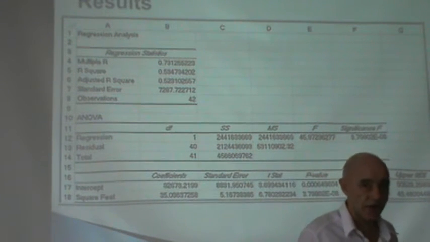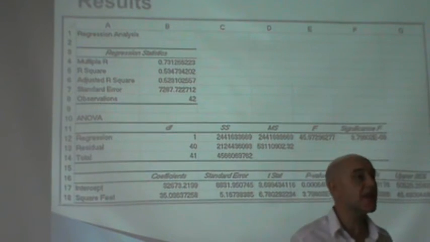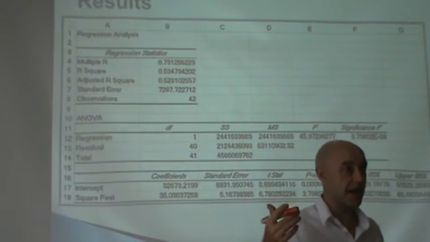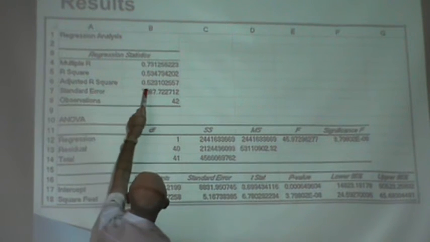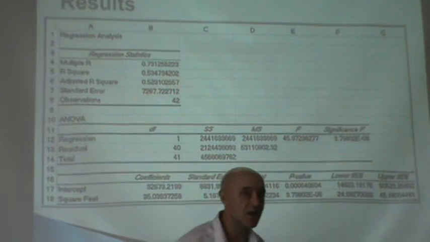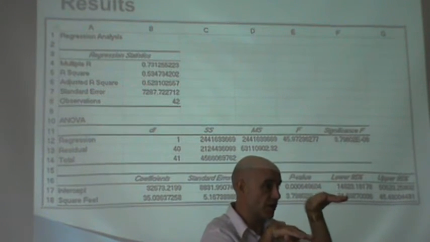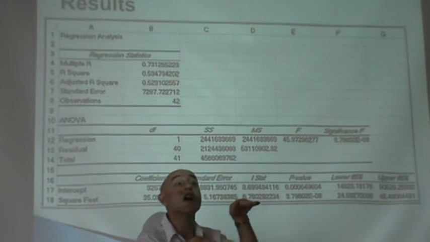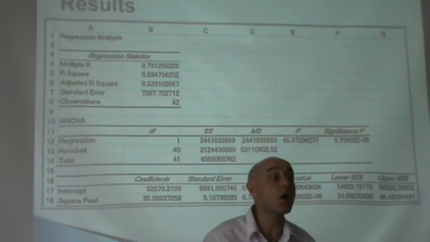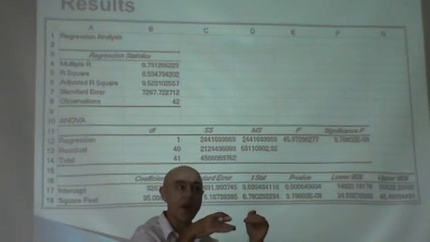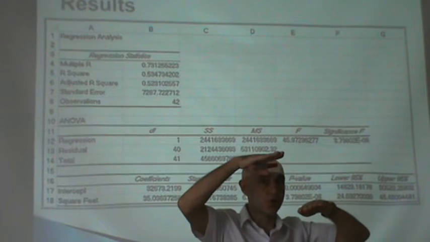And then here's the trick. That's important to understand. It's probably going to come a few slides down the road, maybe next time, that there's R squared and adjusted R squared. And the adjusted R squared is always lower than the R squared. And the adjusted R squared is adjusted for the number of variables. So when you add a new variable, the R squared will always for sure go up.